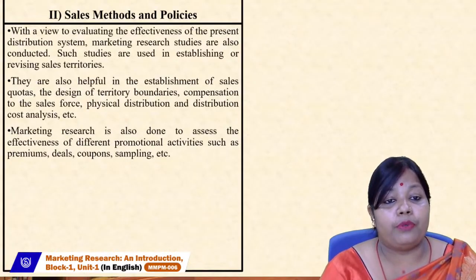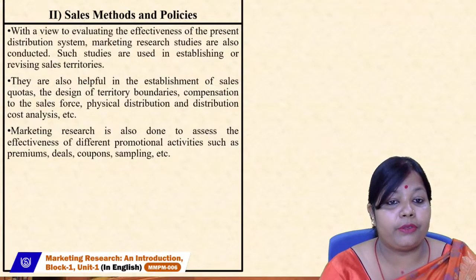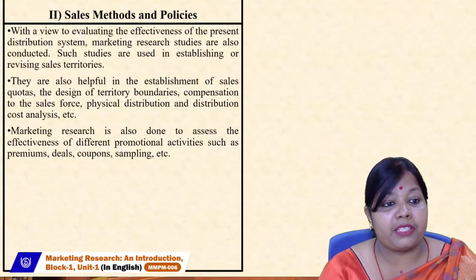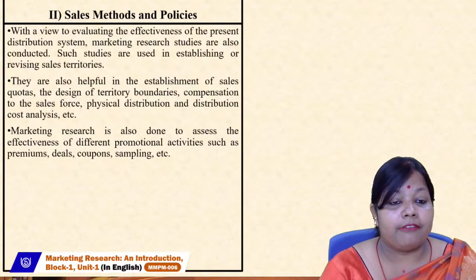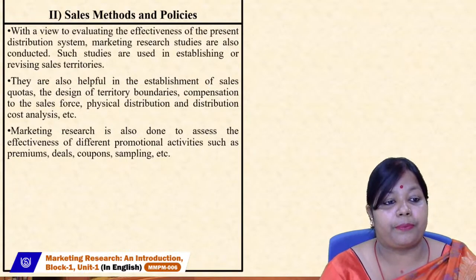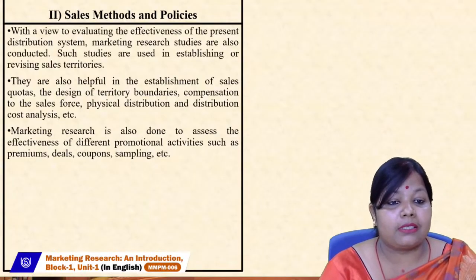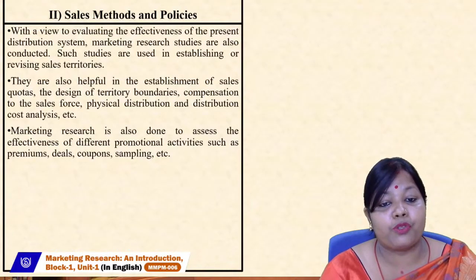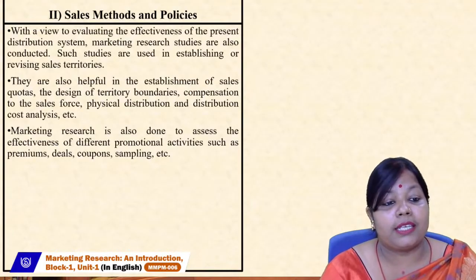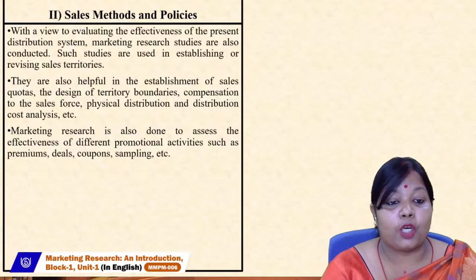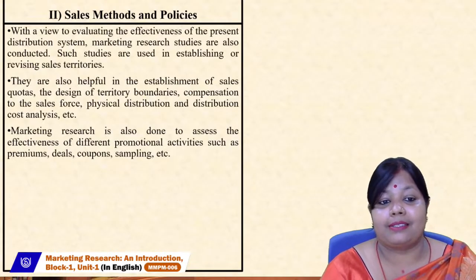They are also helpful in the establishment of sales quotas, the design of territory boundaries, compensation to the sales force, physical distribution, and distribution cost analysis, etc. Marketing research is also done to assess the effectiveness of different promotional activities such as premiums, deals, coupons, and samplings, etc.